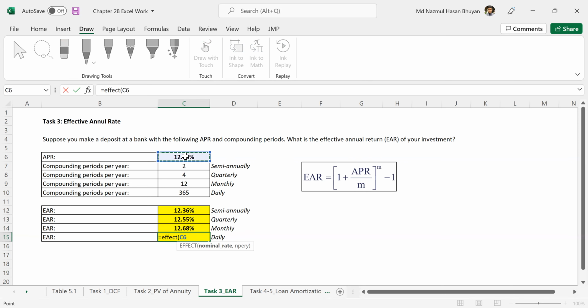If your interest rate compounds daily, then your effective annual rate is 12.75%. So as you can see here, the higher the compounding frequency, the higher the effective annual rate. Why? Because you earn more interest on the accumulated interest.